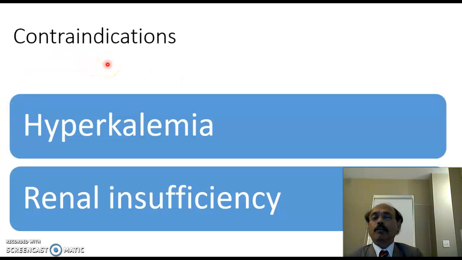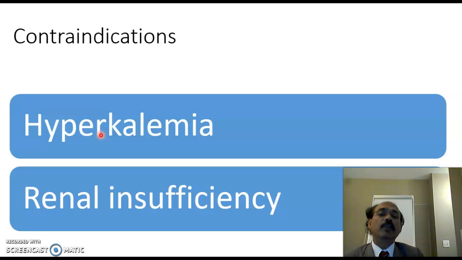Contraindications. What are the contraindications? Hyperkalemia. So never use two potassium sparing diuretics together. A person who is taking potassium sparing diuretics should not take additional or exogenous potassium. Potassium rich food like banana, green coconut, or citrus fruit should be regulated, should not be too much.